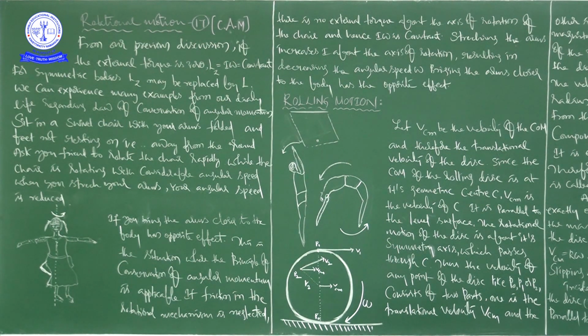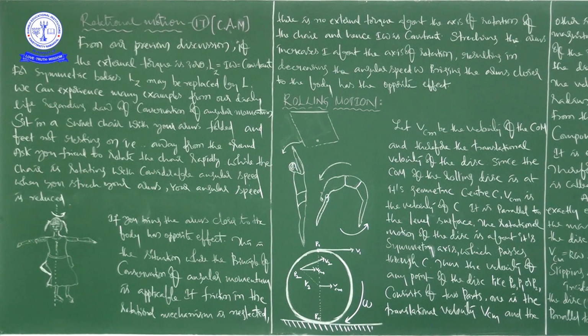So what is conservation of angular momentum? Regarding rotational motion of a body or a particle about one particular axis of rotation, when the external torque is 0, its angular momentum is constant.